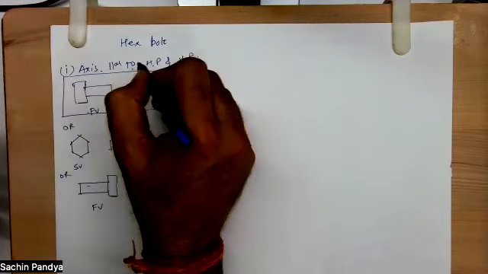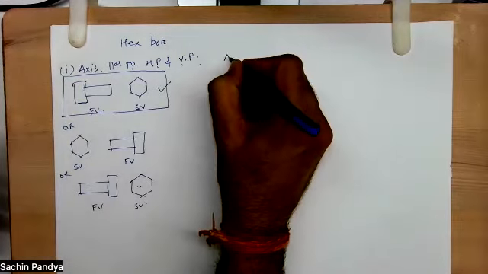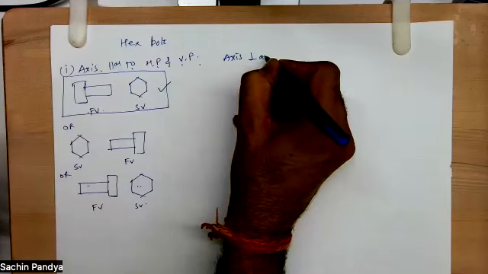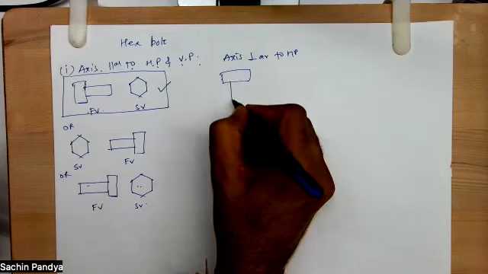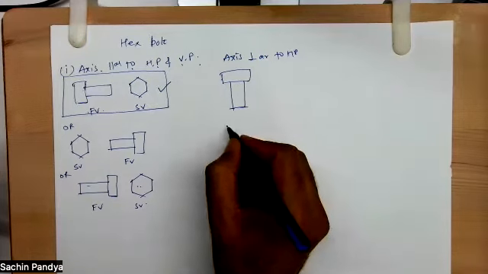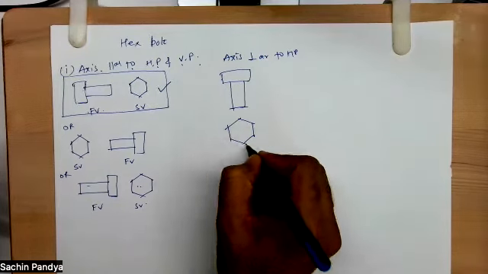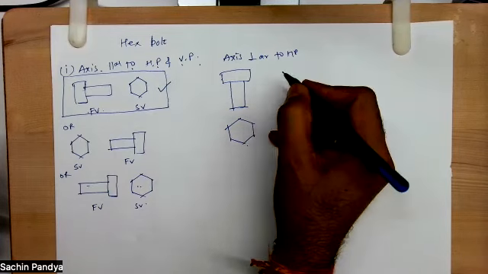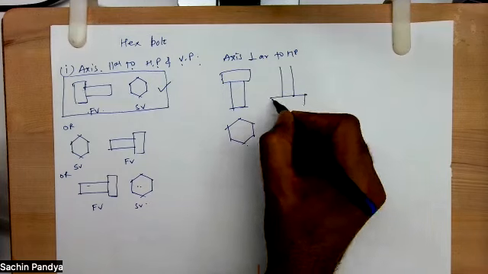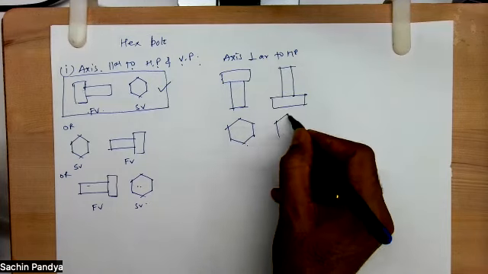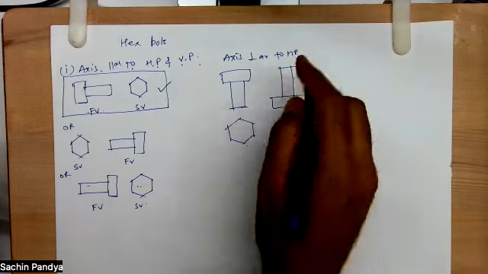When they say axis parallel to HP, and when they say axis perpendicular to HP, we draw it like this. Or this. Got it? Understood the difference?